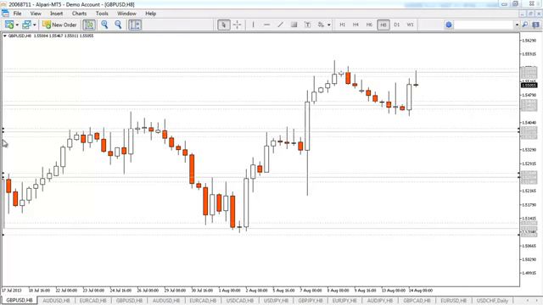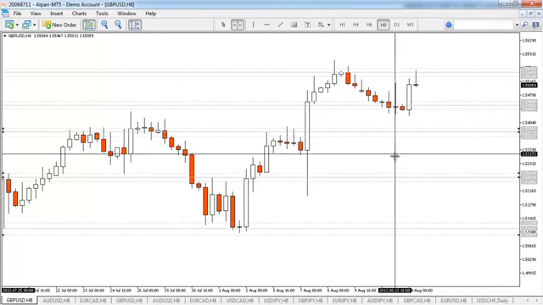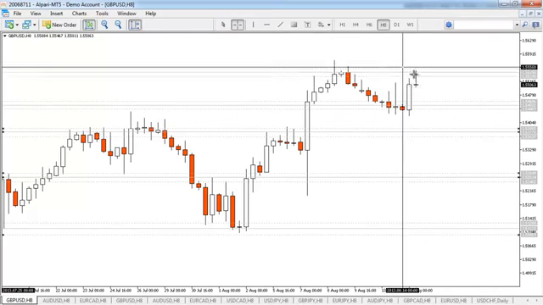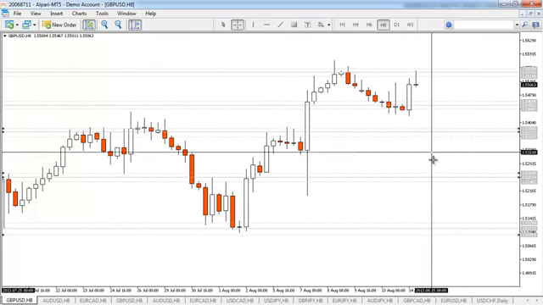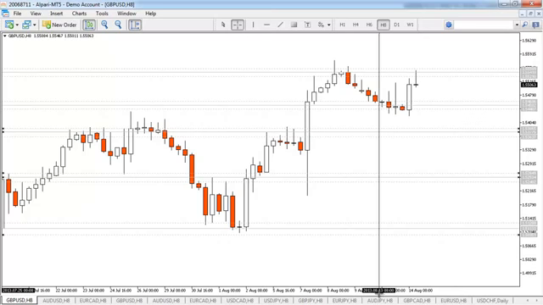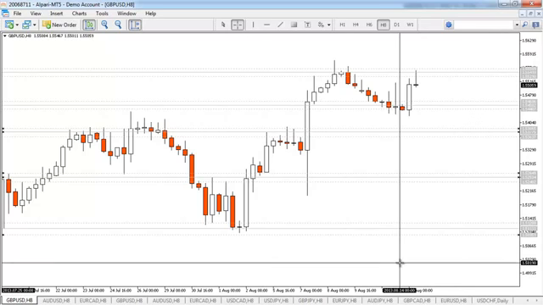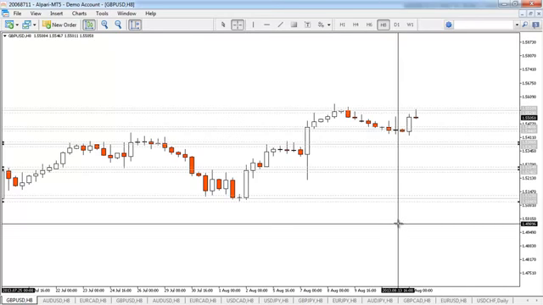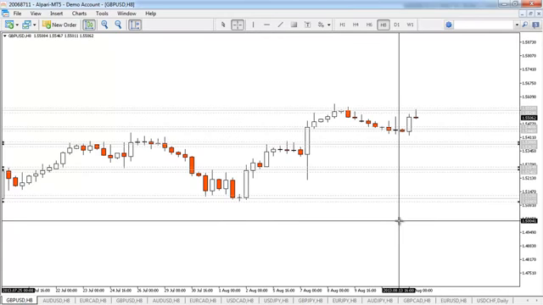Fabrice asks, do I consider the support and resistance I draw more important than support and resistance that forms around the numbers? Those are psychological levels. Yeah, I consider the support resistance I draw more important than psychological levels. Psychological levels, for those of you who don't know, are rounded numbers. A rounded number would be on this chart, the 1.5000.